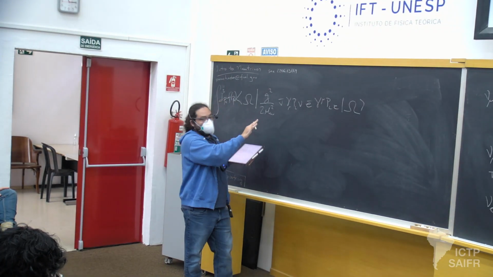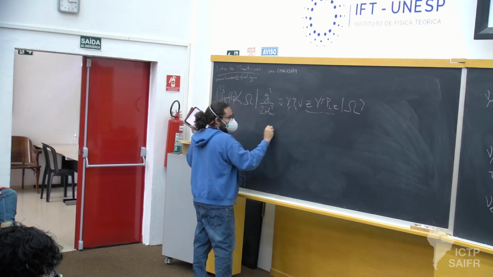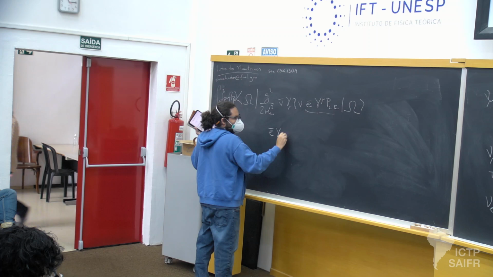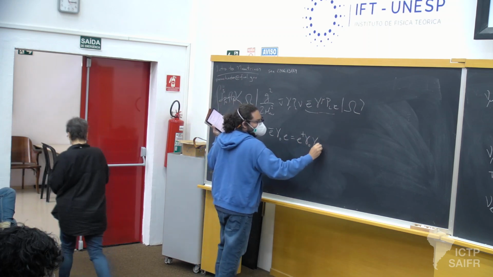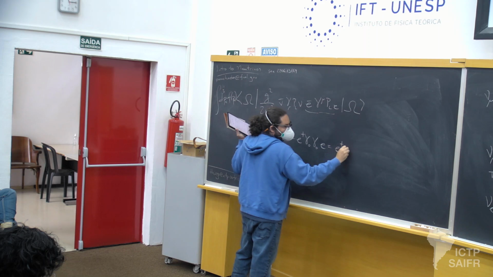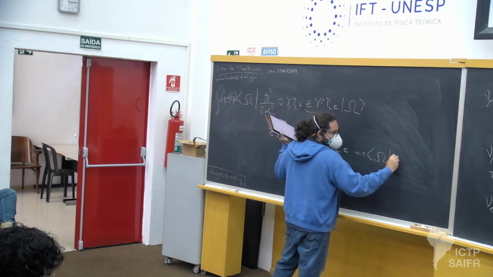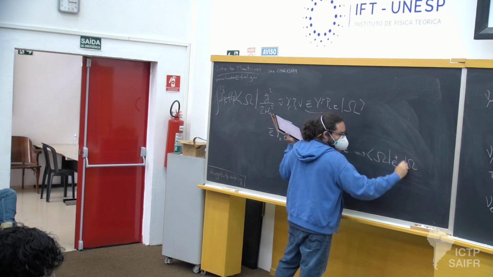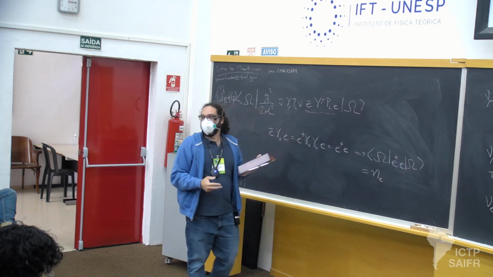If you just follow the computation, remember that e bar gamma 0 e is e dagger gamma 0 e, which is e dagger e, which when you apply it to a background is just the number density operator, okay?